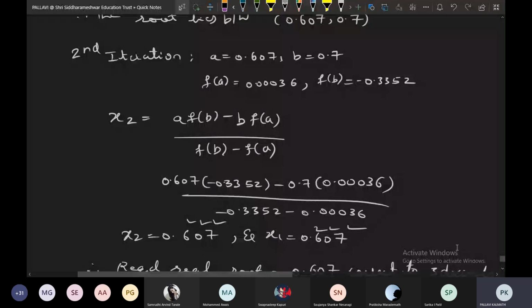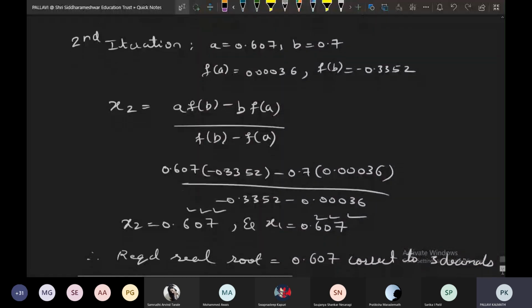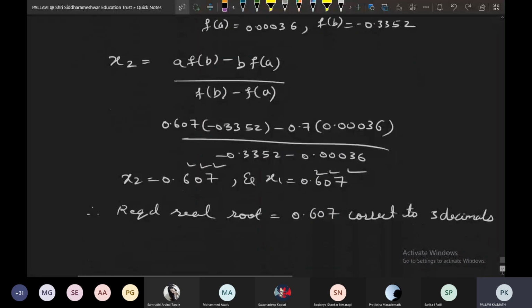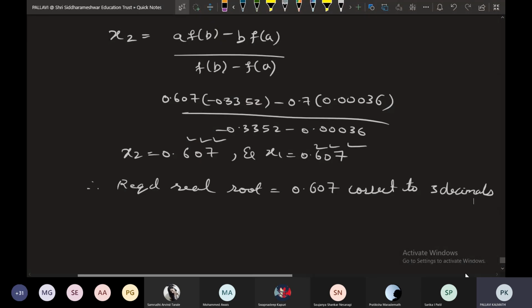So this is the process where you are finding the value of x such that f of x is 0 approximately, not equal to 0. In this process, what you are finding are known as approximate real roots of the equations.